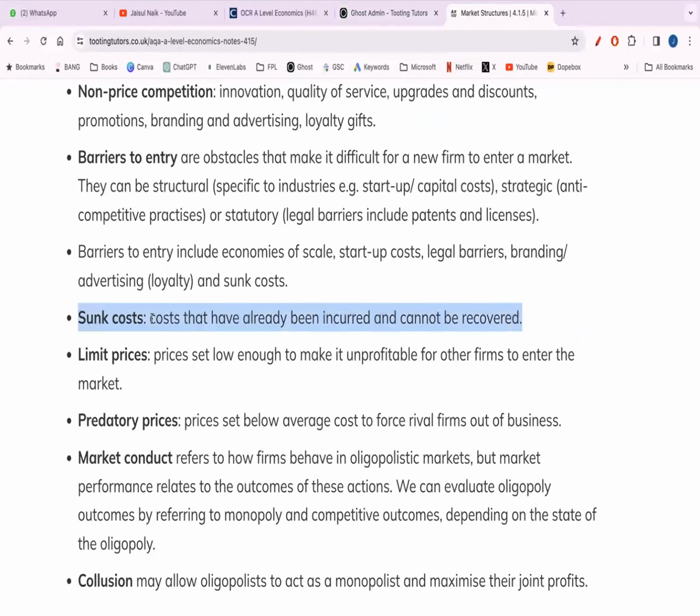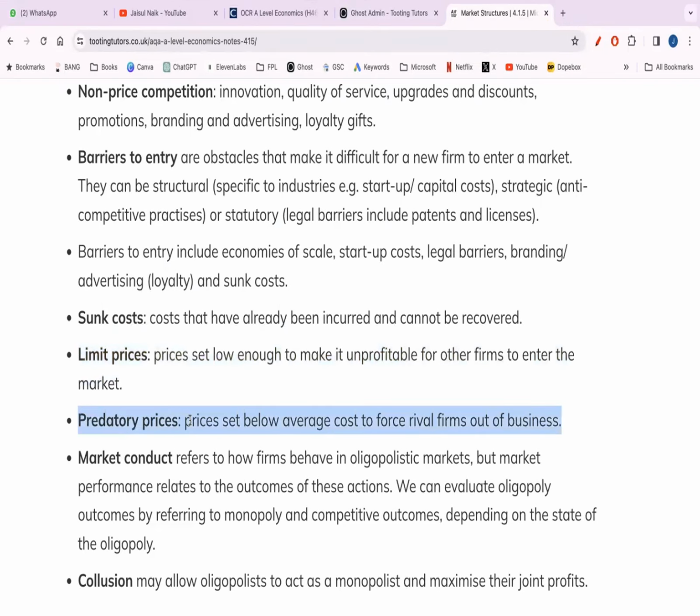And predatory pricing is technically illegal, but again, it's hard to even tell, but it is illegal. It's when you make a loss so that it forces rival firms to quit because you can take the loss and the other firms can't. And then you'll be left as the only firm in the market, and then you'll have more monopoly power. And that's the conduct.